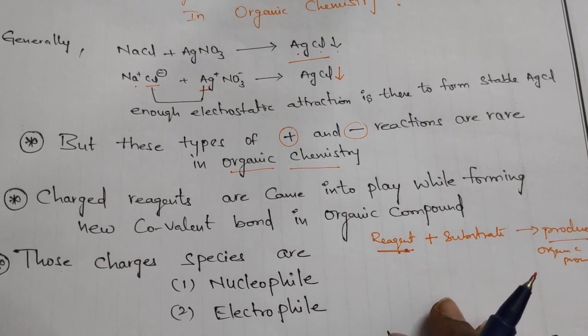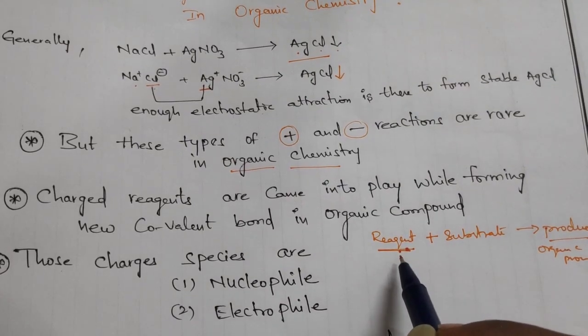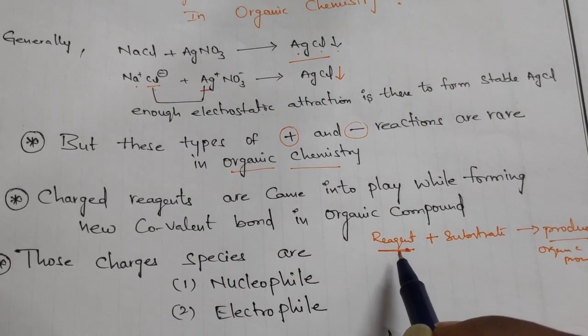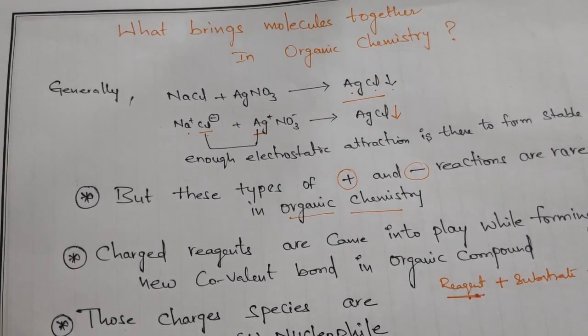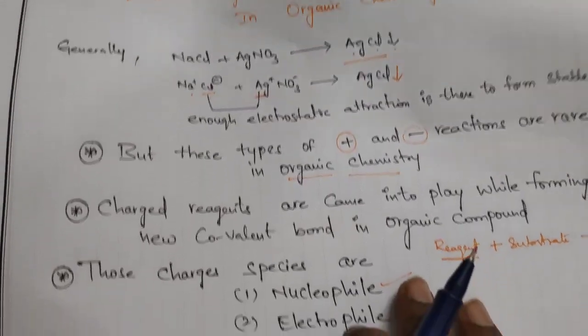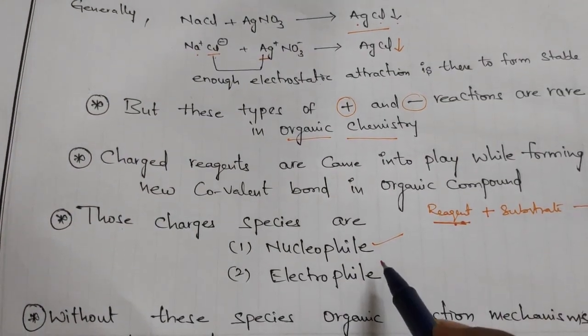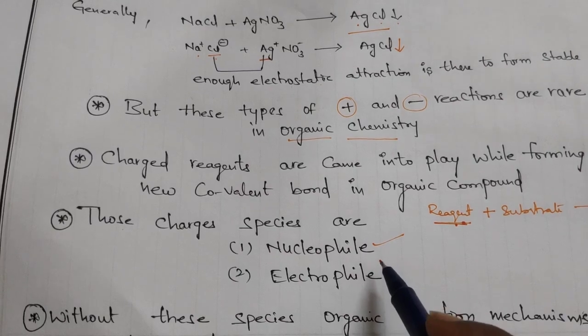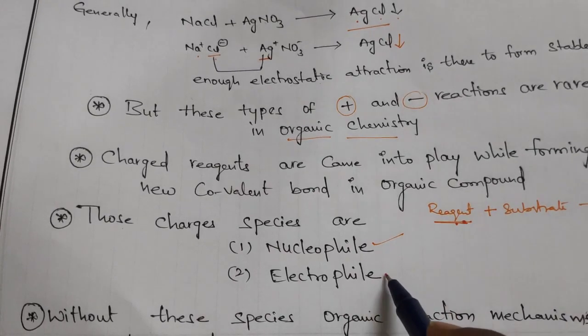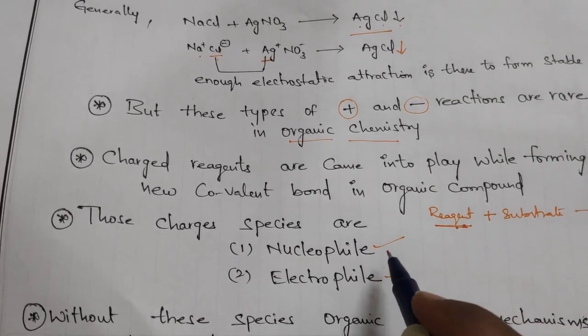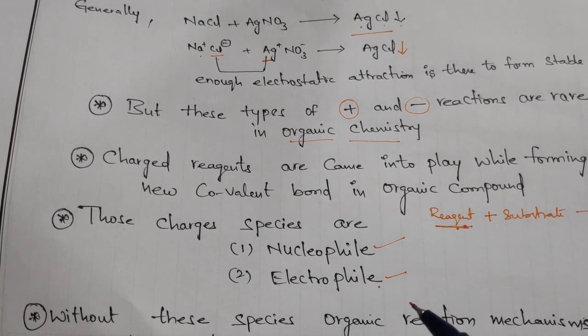So what is the nature of the reagents? Based on the charges, these reagents are classified into two types: first is nucleophile and another one is electrophile. So nucleophilic reagents and electrophilic reagents.